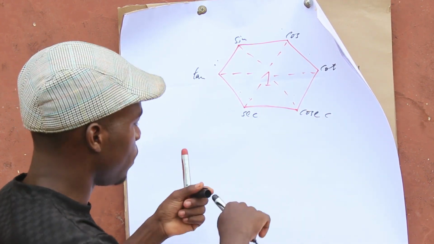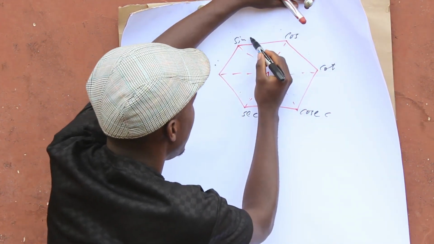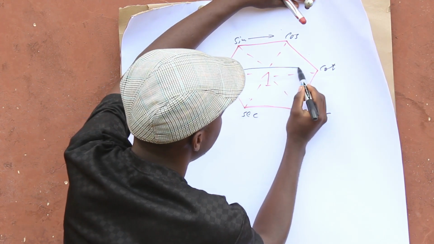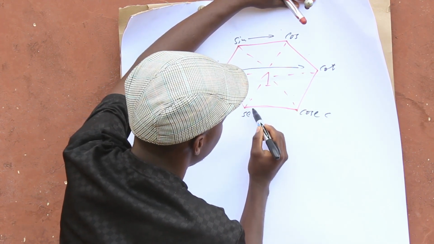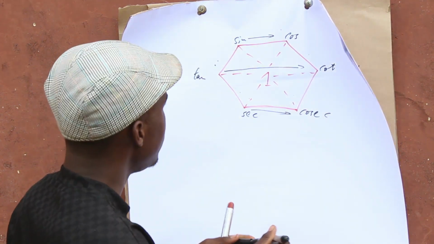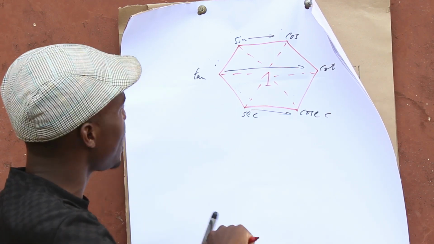After writing the super hexagon like this, you write the arrows like this. Okay, I guess you have seen. This is how we are going to use the rule of complementary angles.